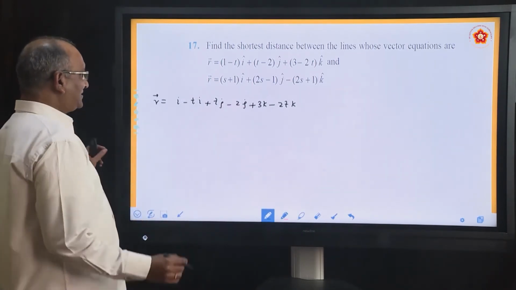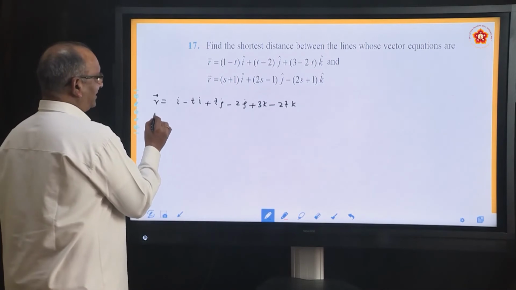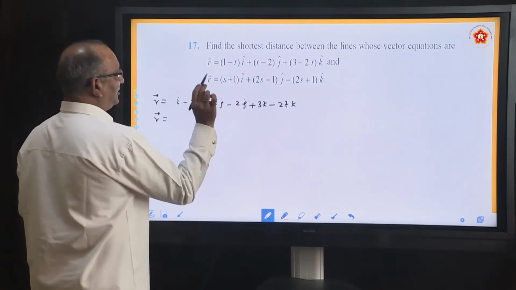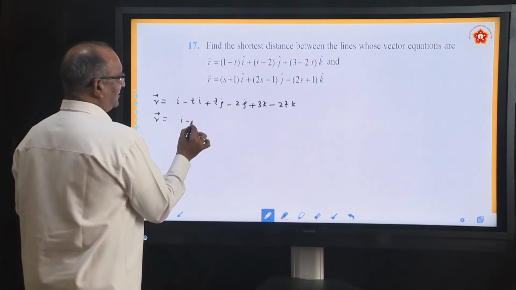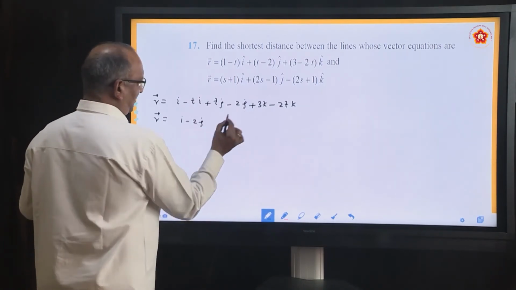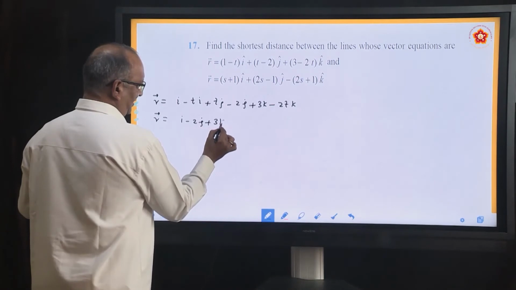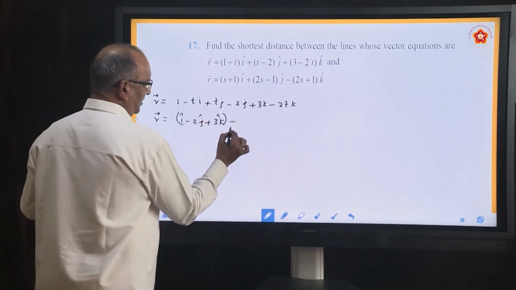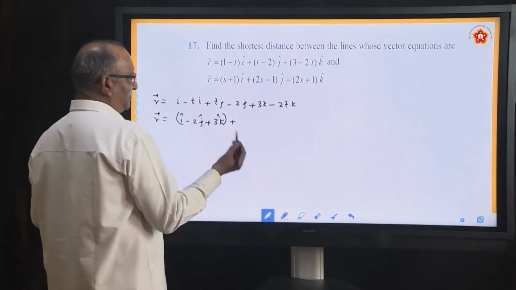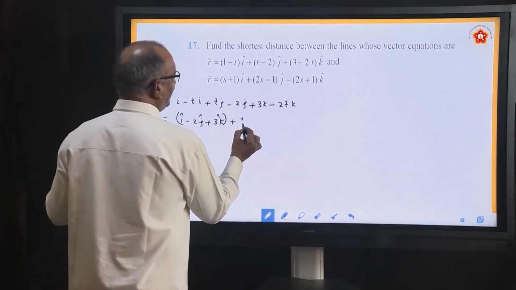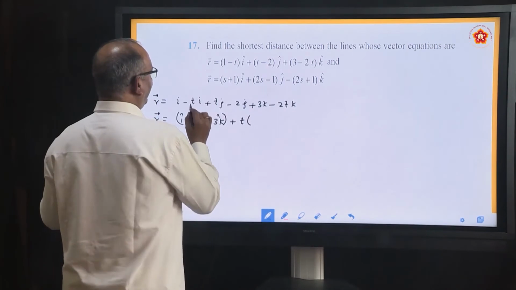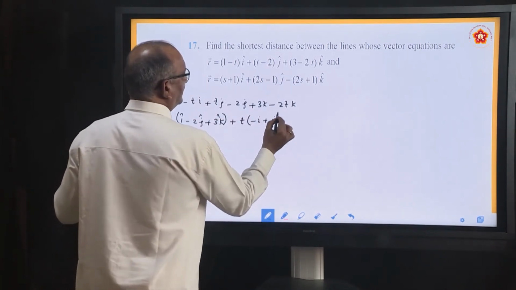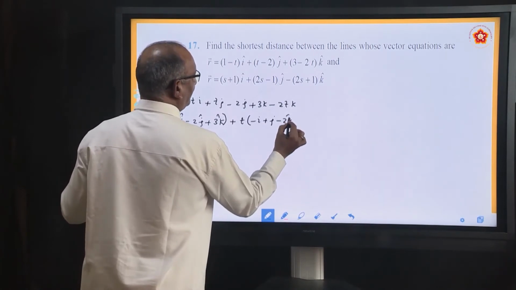How will you write this in standard form? This can be written as r equal to, collect terms with t separately, without t separately. So it is i minus 2j plus 3k. This is like a plus lambda b, instead of lambda we have t. Now take t common and write minus i plus j minus 2k.